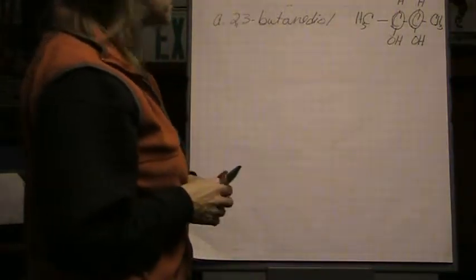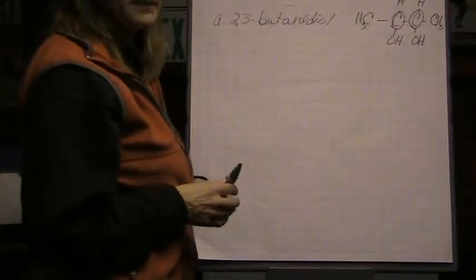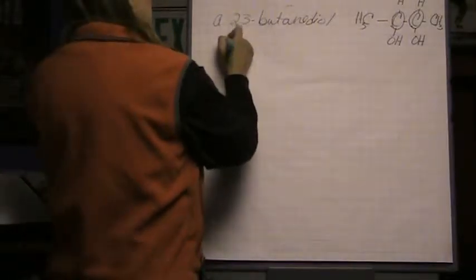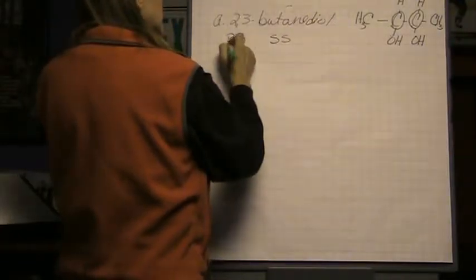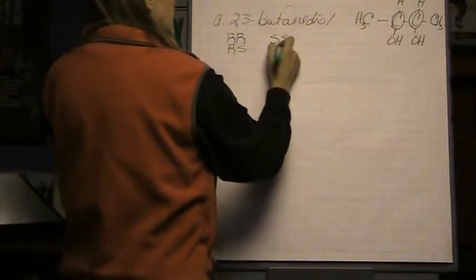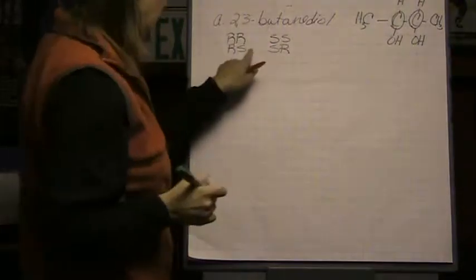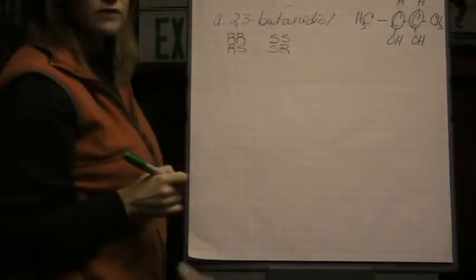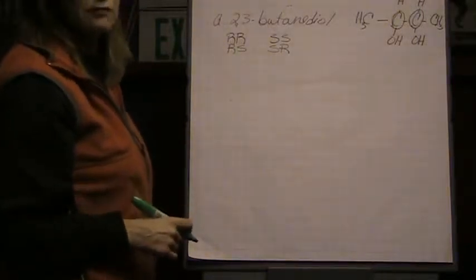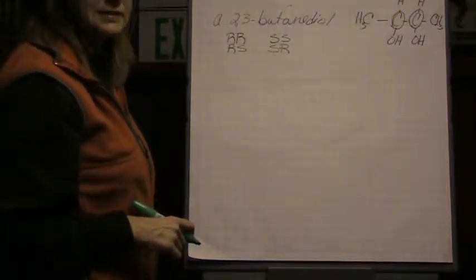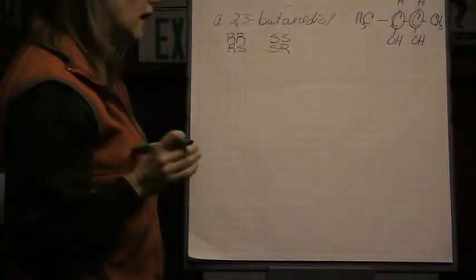Now, just like with problem 10, the first thing I look at is, am I going to have a meso? Because when you have 2 chiral centers, you have RR, SS, RS, and SR. And these two may be equivalent and give you a meso. And the way we look at that is if our 2 chiral centers have exactly the same 4 attachments. 3 out of 4 isn't good enough.